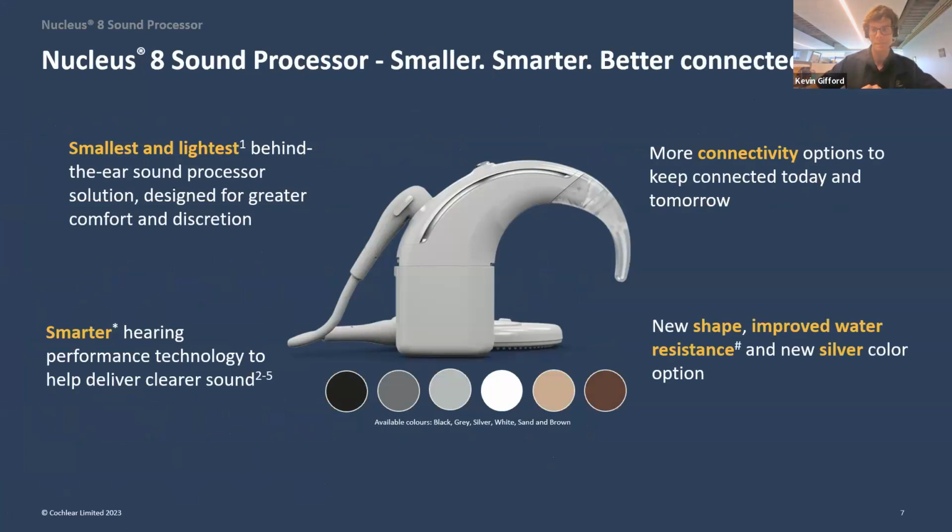And the Nucleus 8 features a new shape, so it fits better around your ear. Improved water resistance. So our recipients down there in the south, it's going to be more resistant to that humidity and sweat for you. And then an additional color option, which is silver. And we'll get into these features here momentarily.